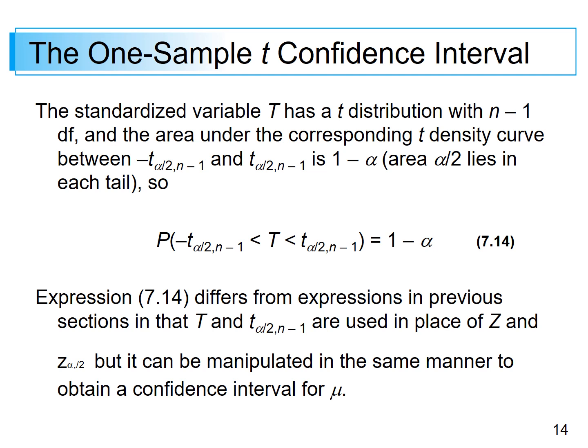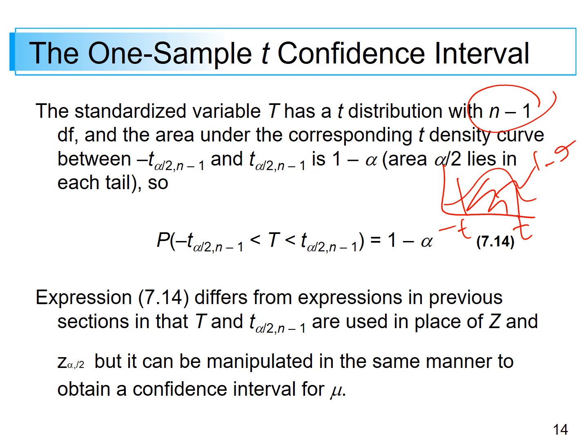So now let's talk about a confidence interval for t, which is a standardized variable that has a t distribution with n-1 degrees of freedom. The area under the t density curve between the plus or minus t critical value is 1 minus alpha. This is the area between the upper and lower tail areas.